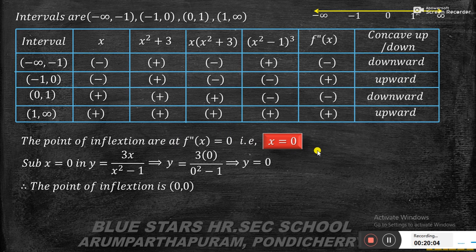So x square equal to minus 3 means x equal to square root of minus 3, it is not a real answer. So we take only x equal to 0, it is the real answer. So therefore x equal to 0, now y. So I substitute in the function y equal to 3x by x square minus 1. Here I substitute x equal to 0, our answer is 0. Therefore the point of inflection is 0 comma 0. This is the answer for point of inflection.